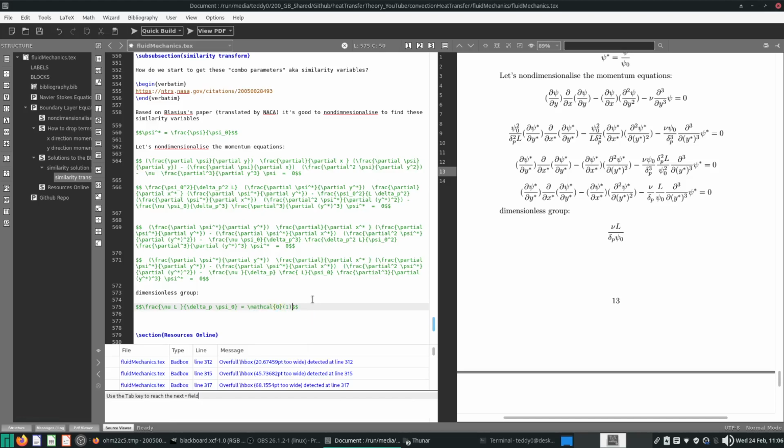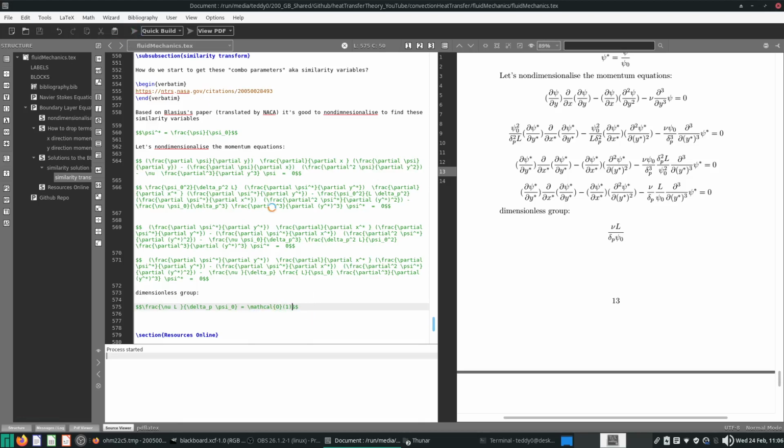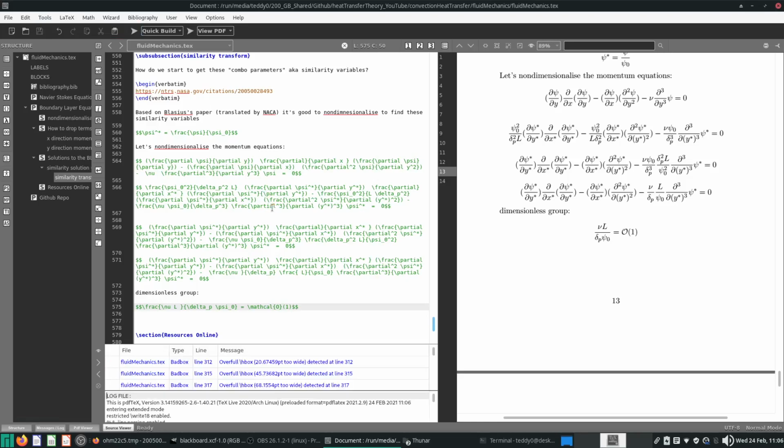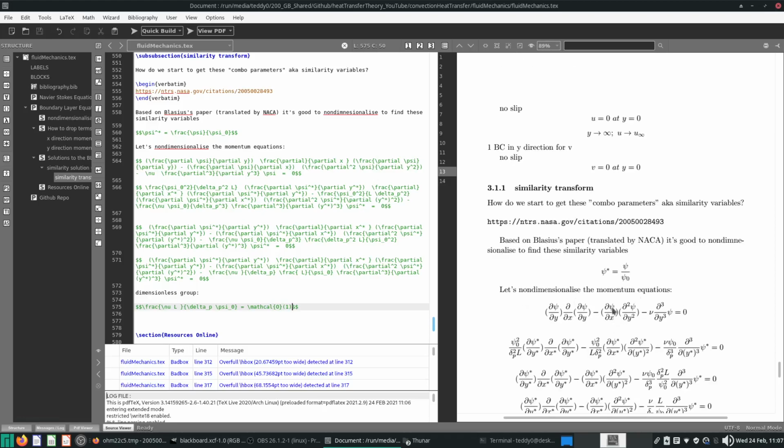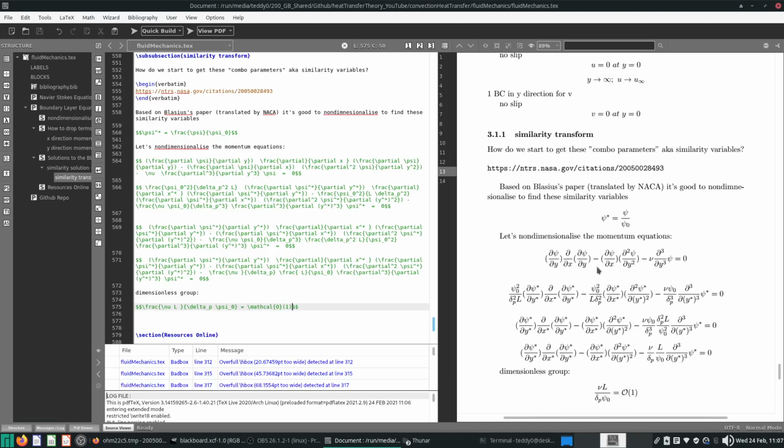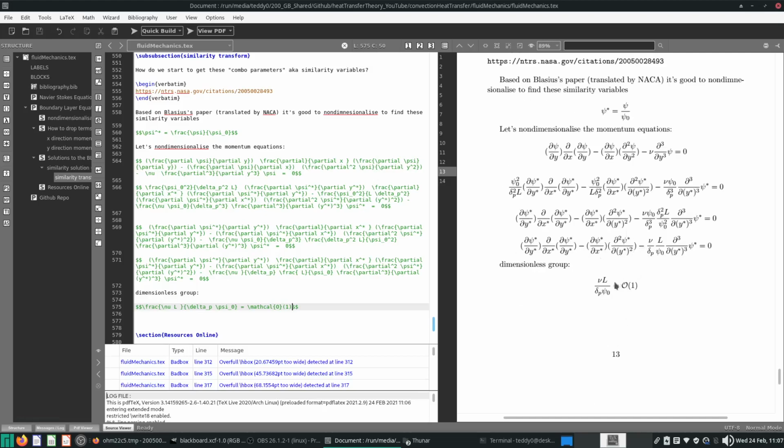But now we are not really dealing with order of magnitude anymore. We are not dropping terms, but we want to convert this dimensional equation, this stream function equation, into a dimensionless form.